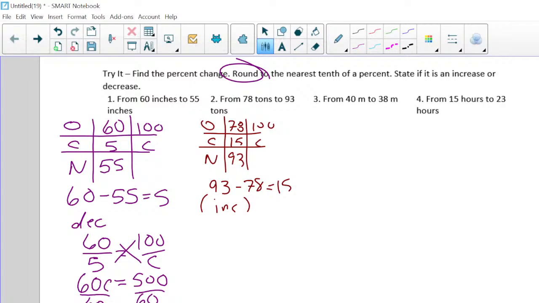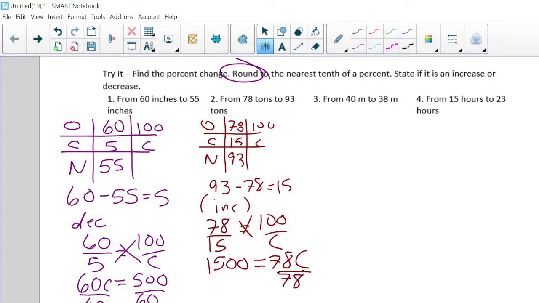So we're looking at 78 over 15 equals 100 over C. We cross multiply. That's 1500 equals 78C. Divide both sides by 78. And so 1500 divided by 78 gives me a grand total of 19.2% when I round to the nearest tenth.